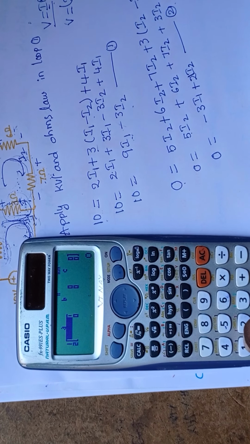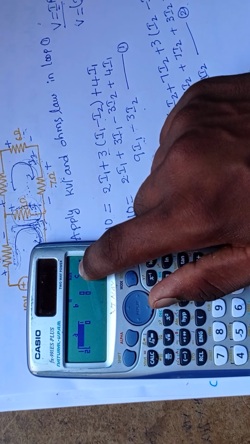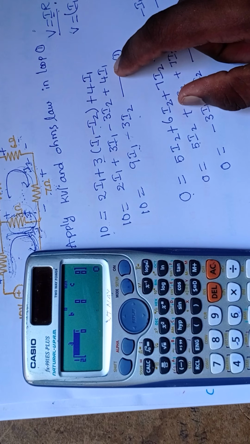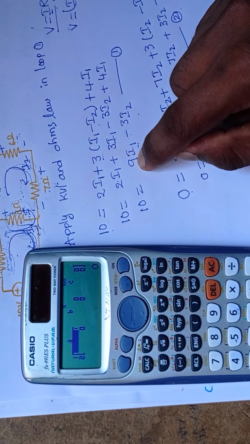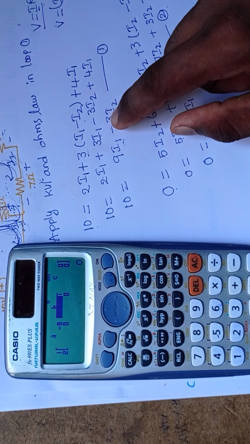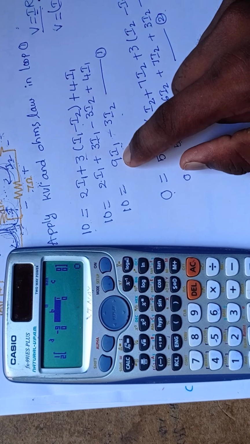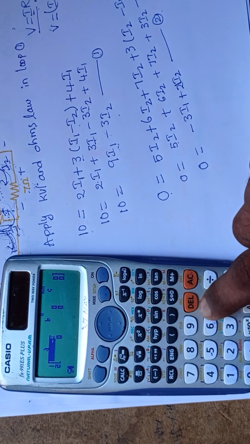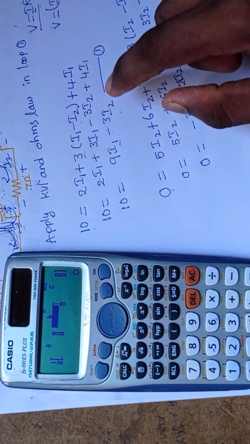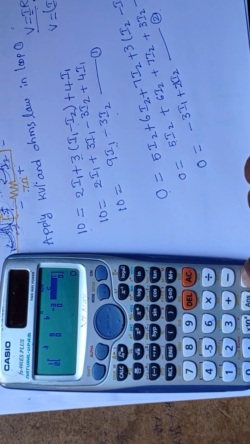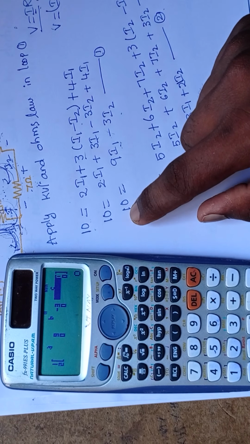In the first row we have to fill in the coefficients of the first equation. First is the I1 coefficient. Sorry, the I1 coefficient is not minus 9, it's just a normal 9, and the I2 coefficient is minus 3, and here the constant is 10.